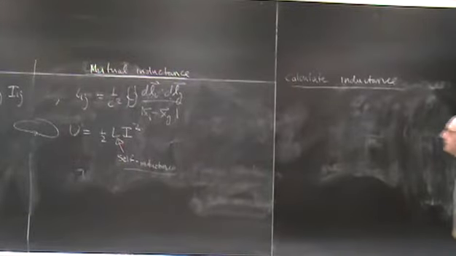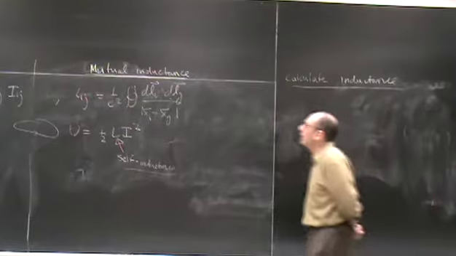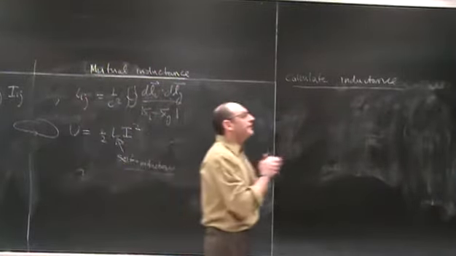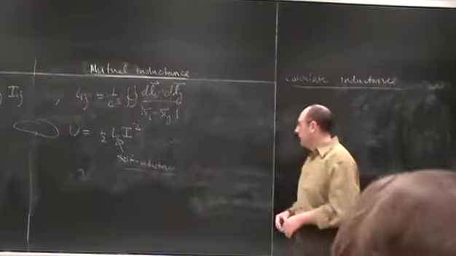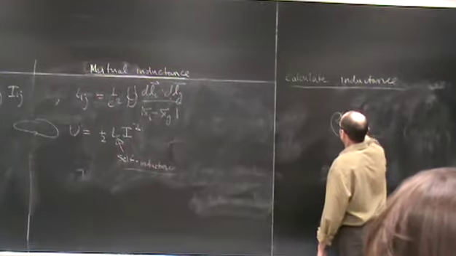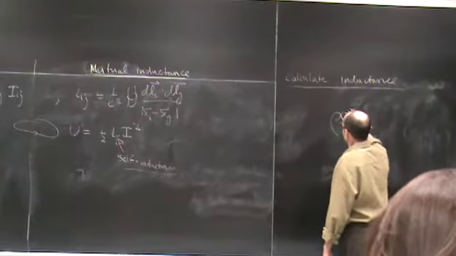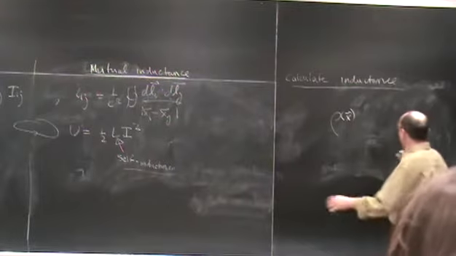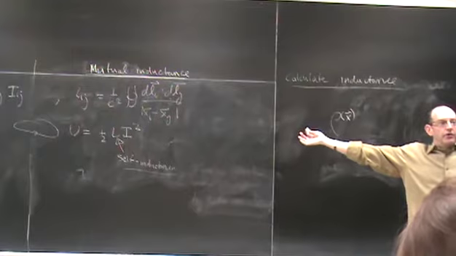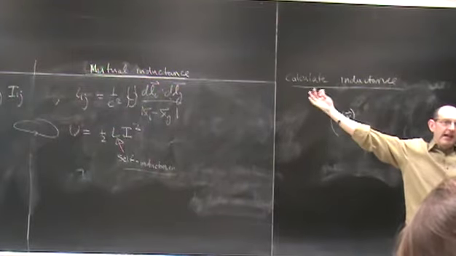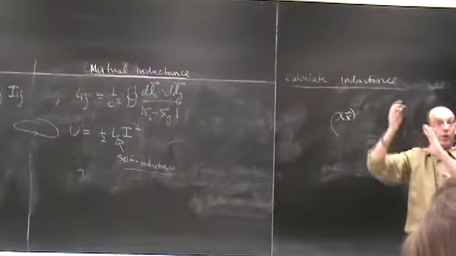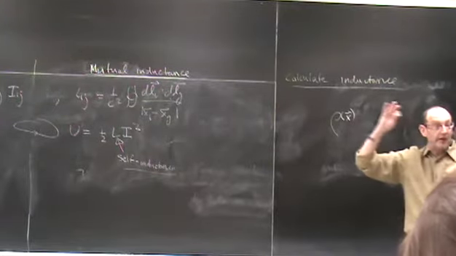So let's step back for a moment. In electrostatics, we asked how much work was necessary to establish a charge density rho. We imagined that we had a charge distribution at infinity, and as we moved it in from infinity, all the charges do work, feeling the potential against each other.